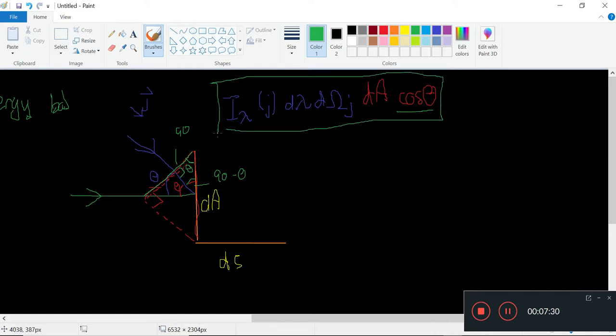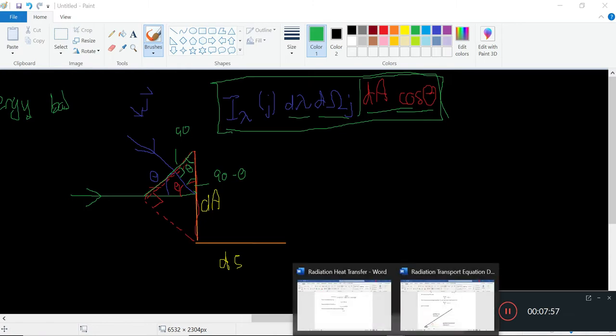So this is the total amount of energy impinging on this control volume. It is this intensity, which is the energy per unit wavelength, per unit solid angle, per unit normal area. So this is the normal area that is being considered.